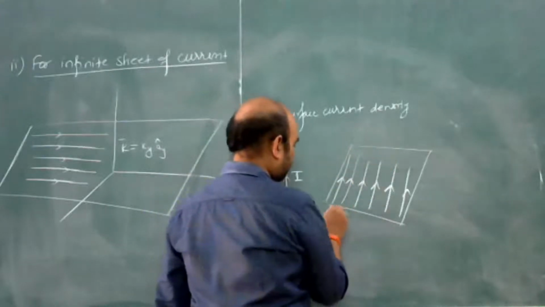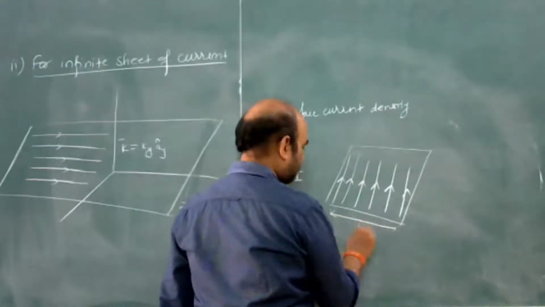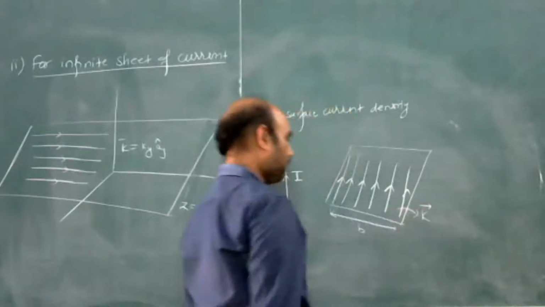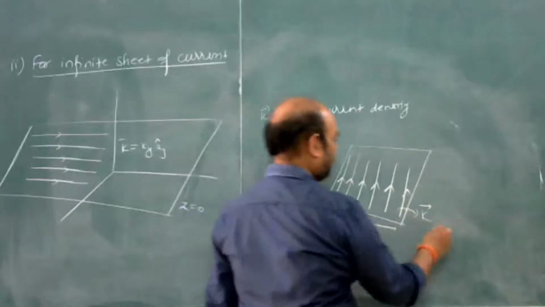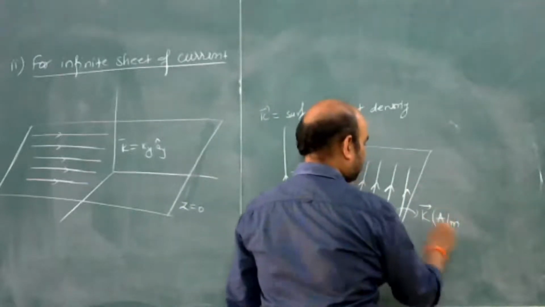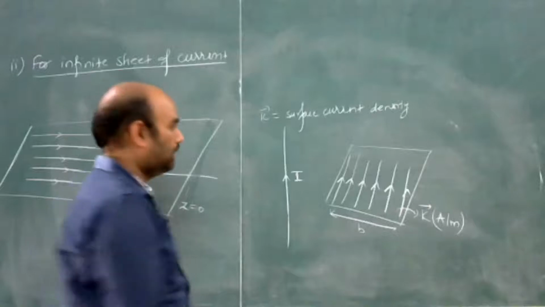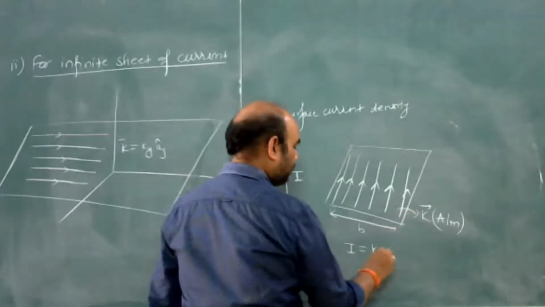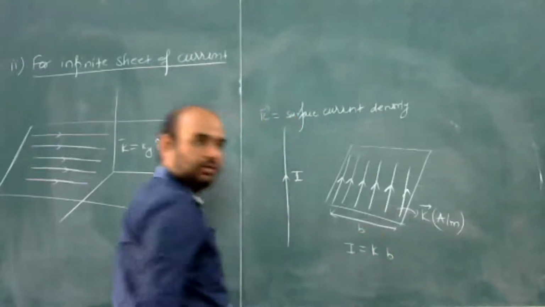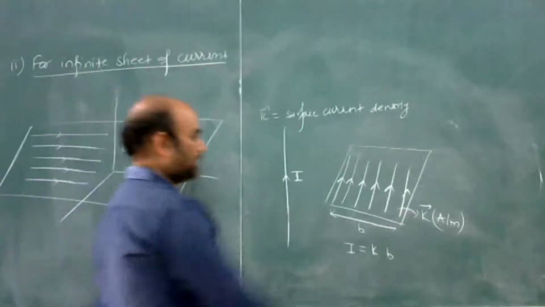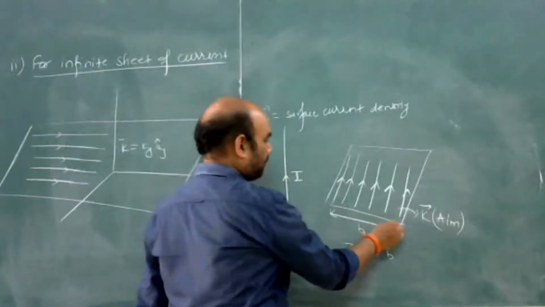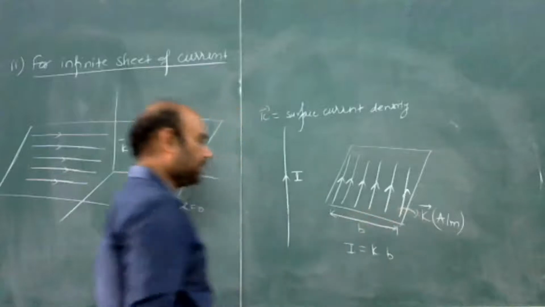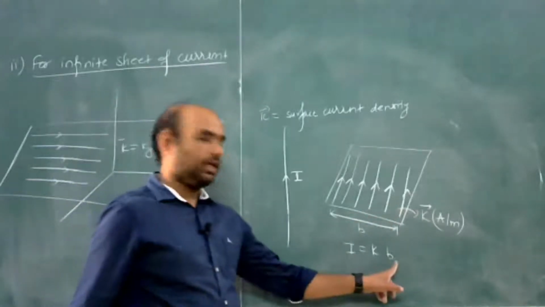This is the wire, and this is K, the value of K. It is surface current density, and its unit is ampere per meter. If you want to find the current I, it will be K into B. So it is ampere per meter. If it is spread over this breadth B, then I is equal to K times B.